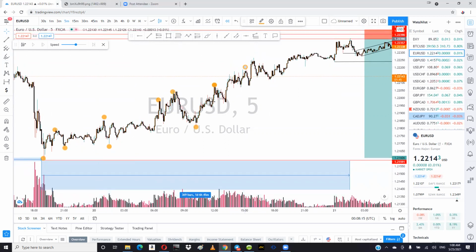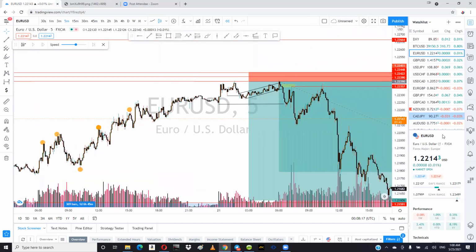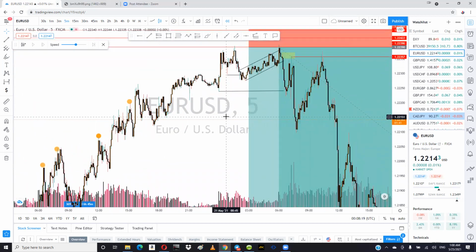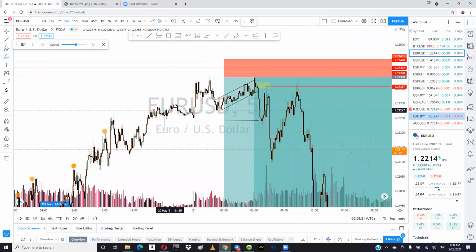Now, when we got here, market created a higher high, a higher low, a higher high, and a lower low, okay, a lower low.